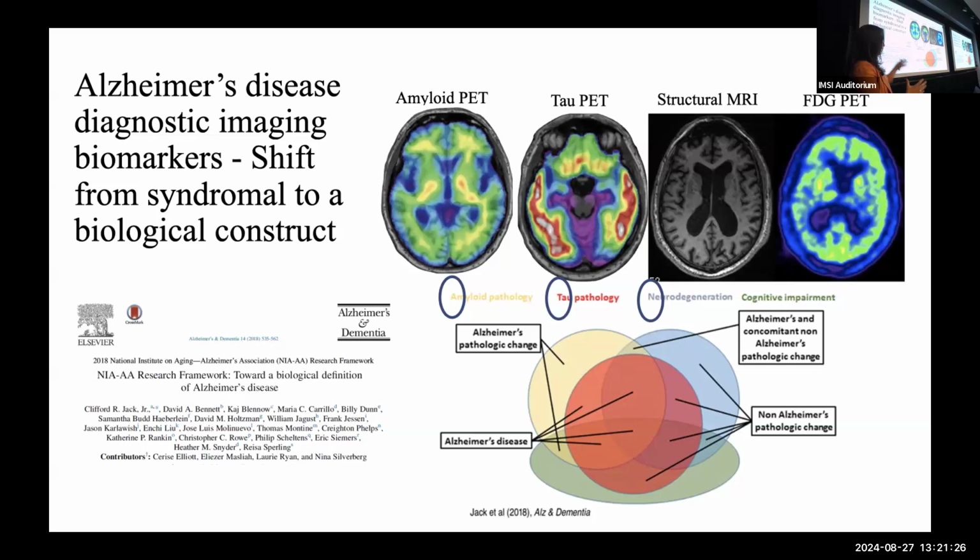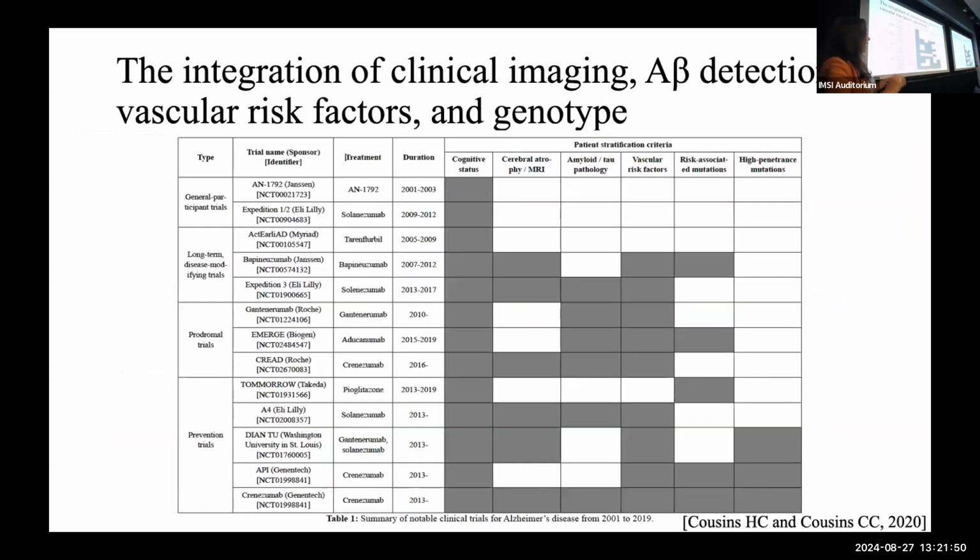But these biological observations and the definition of the disease allowed a shift from a syndromic definition to a more biological, biomarker-based definition, which tackles some of the challenges mentioned earlier today about how we define a timeline and align observations on a unified time scale. It also changed the clinical trial landscape.